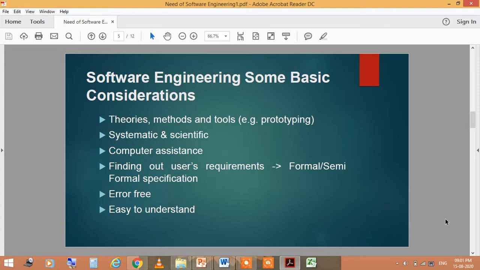It should be error free, of course, because if anything is computerized, we are clear in our mind that it will be perfect. Like if we are calculating something manually, we think there might be chances of error.